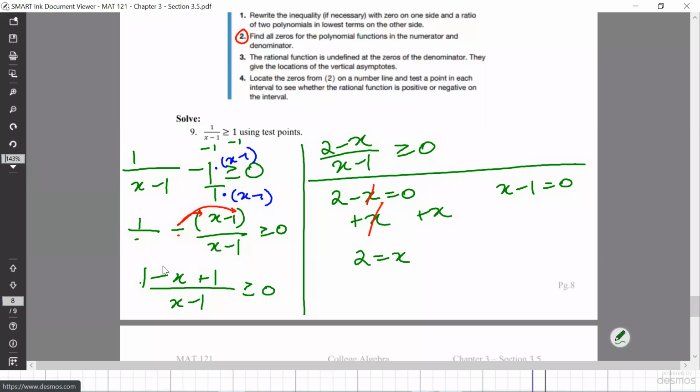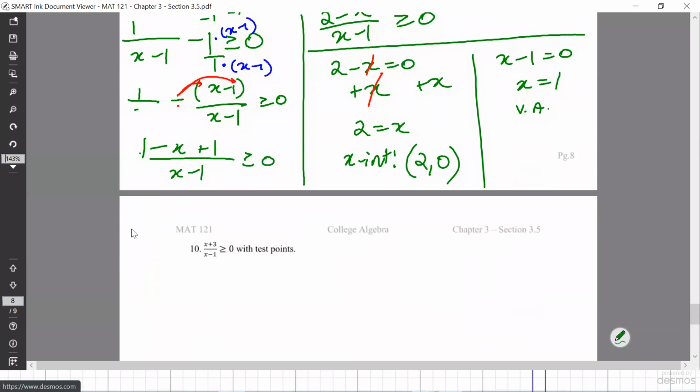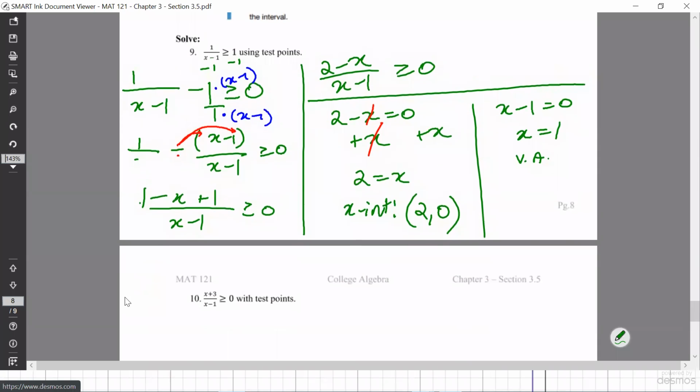Is this my vertical asymptote or x-intercept? That is your x-intercept. Very good. And that's the vertical asymptote. I knew I was going to run out of space. Oh, well.